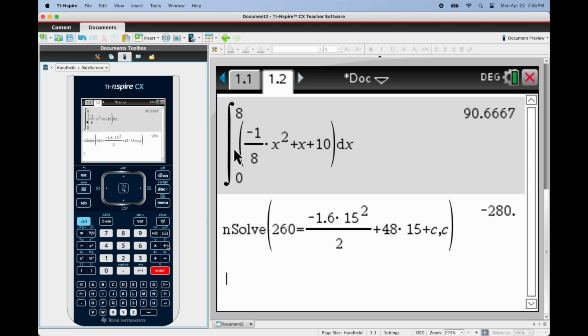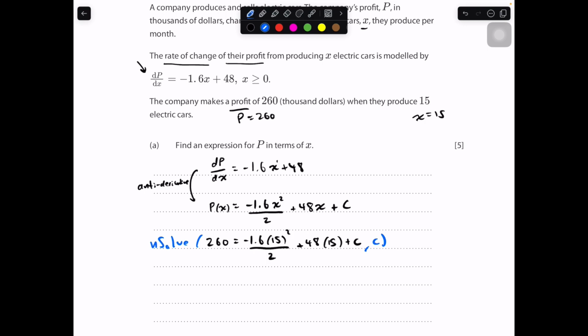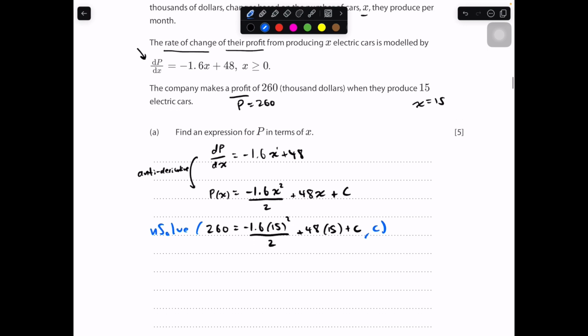Sometimes when you put brackets right beside a variable, the calculator won't work and you might need to put a multiplication symbol. But in this case, if it's just values being multiplied by values, you're okay. And so c is equal to negative 280. Is that correct? Let's see, 260, produce 15 electric cars, looks good. Okay, let's go back to the document.